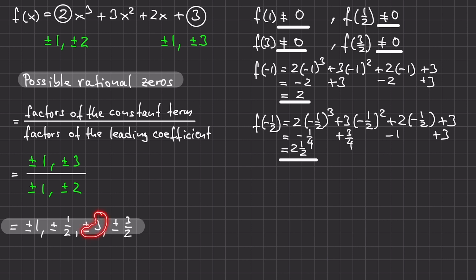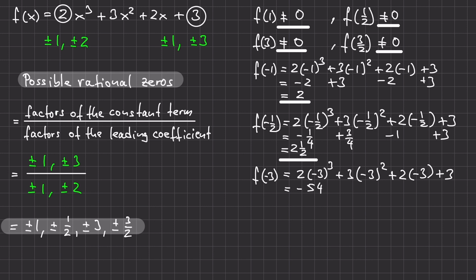f of negative 3 equals 2 times negative 3 cubed plus 3 times negative 3 squared plus 2 times negative 3 plus 3. Negative 3 cubed is negative 27 times 2 is negative 54.